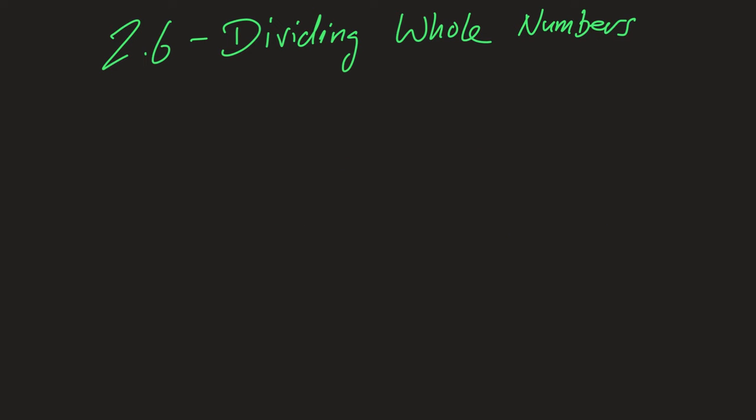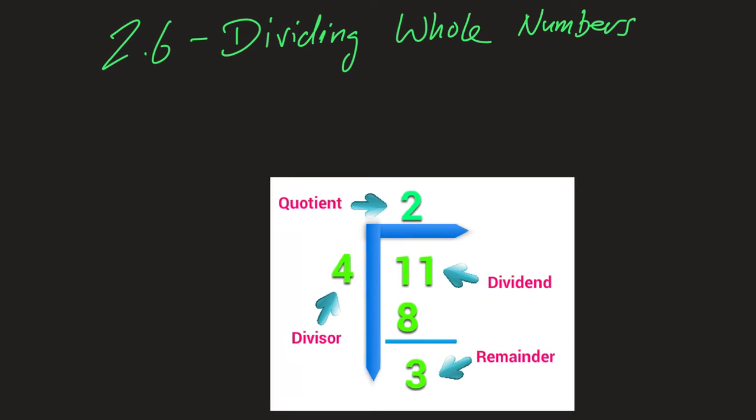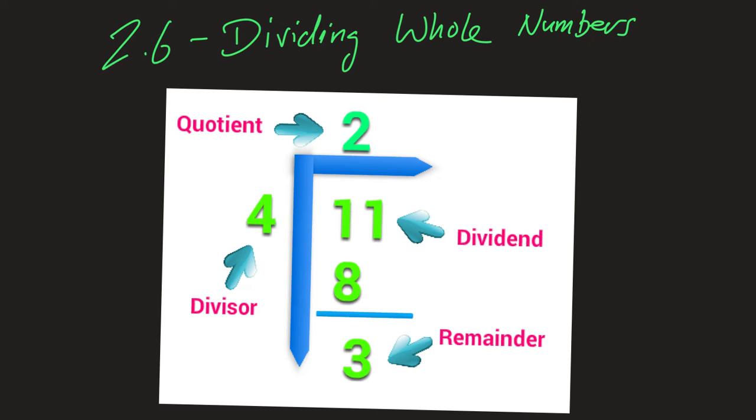So let's take a look at some vocabulary before we begin. When we're talking about dividing whole numbers, some of the terms that we'll use here in pink refer to parts of a division problem. The number inside this little blue bracket, we're going to call that the dividend, okay?